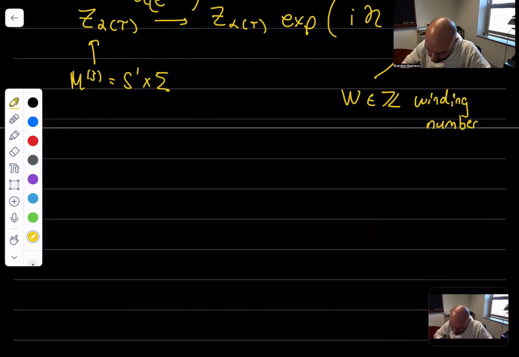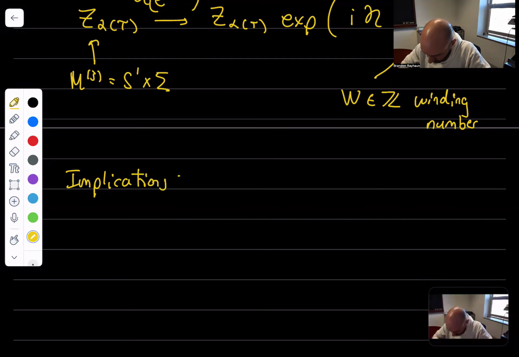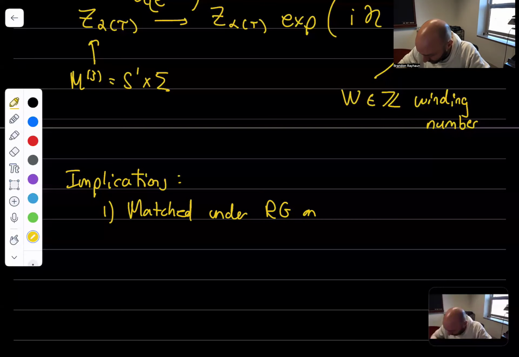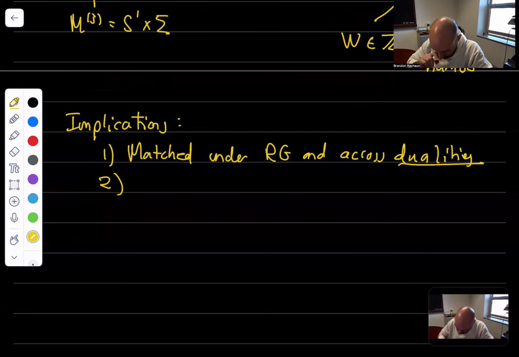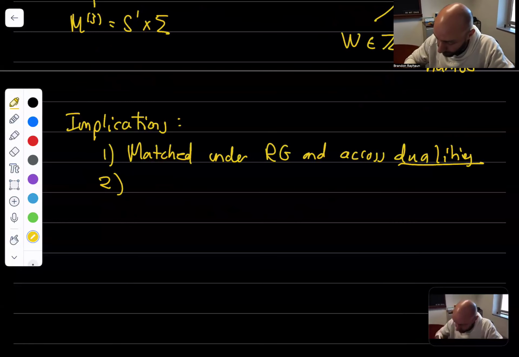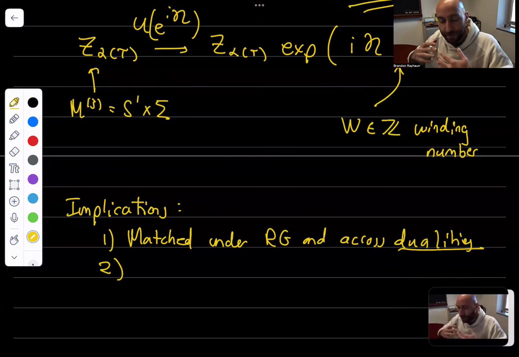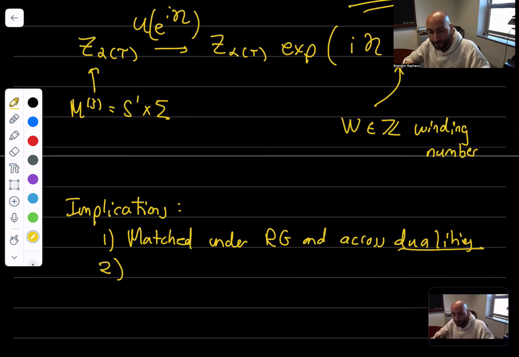And just like ordinary anomalies, they have a variety of implications. So one is, of course, that they must be matched under RG and across dualities. More on this in a second. And another thing is that usually anomalies signal that something non-trivial is happening in the physics.